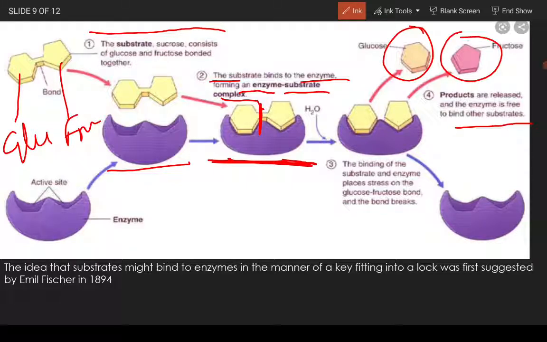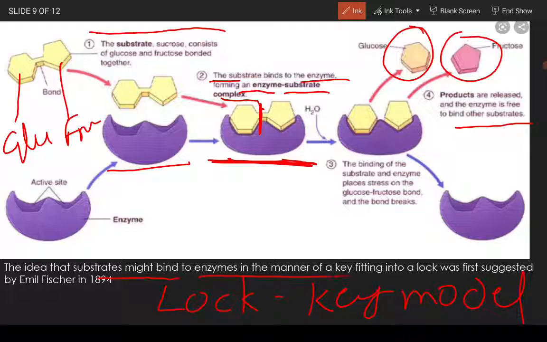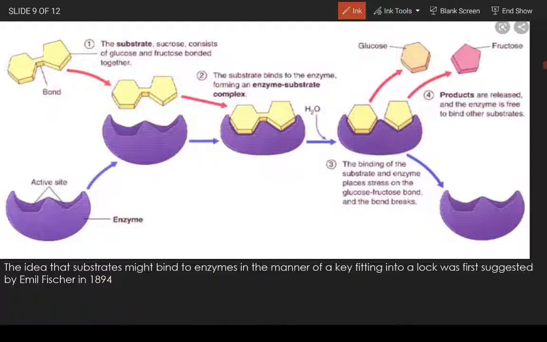Now this is also known as the lock and key model of enzyme activity. The idea that substrate might bind to enzyme in the manner of a key fitting into a lock was suggested by M.L. Fisher in 1894. What they suggested is that the substrate acts as a key.